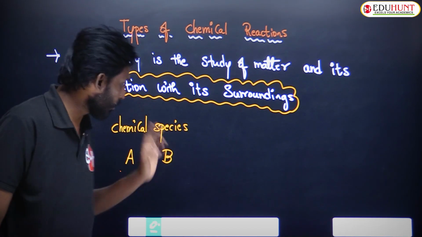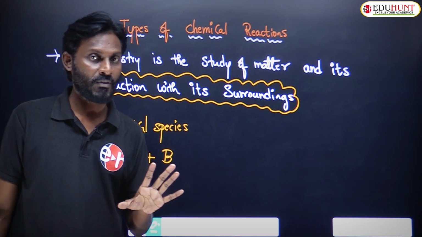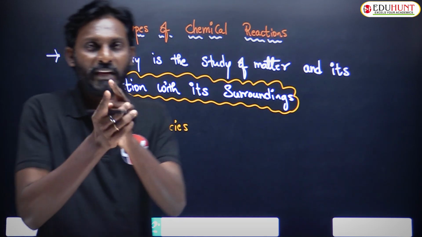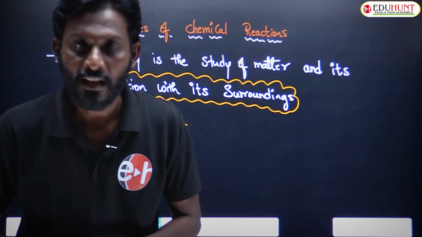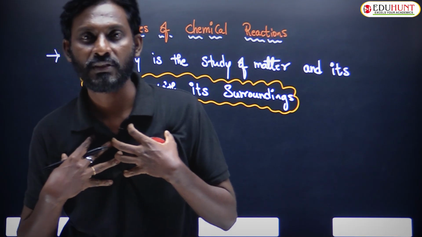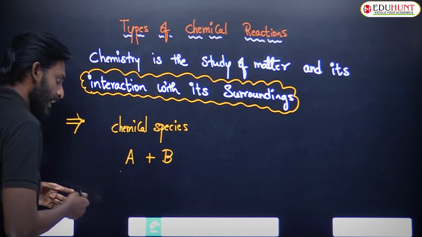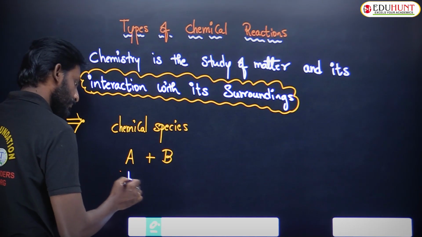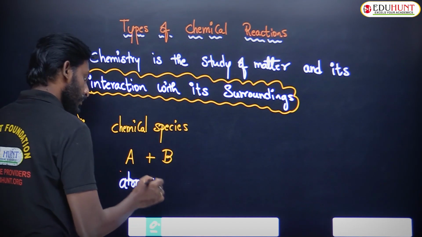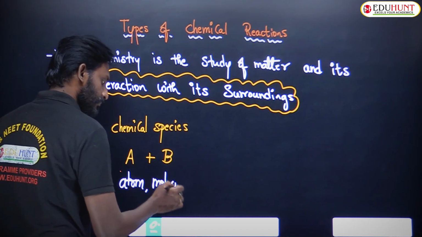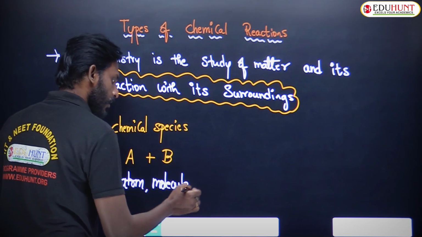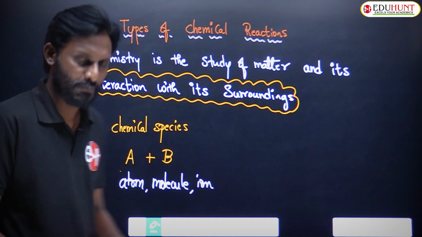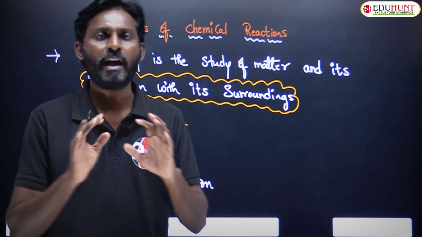You can take more than two chemical species. Sir, what do you mean by chemical species? What I mean is these chemical species can be an atom or molecule or ion, etc.